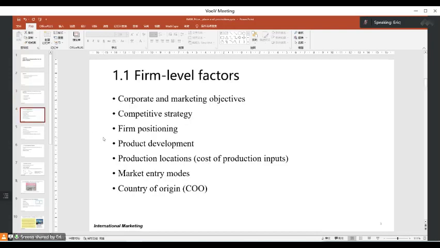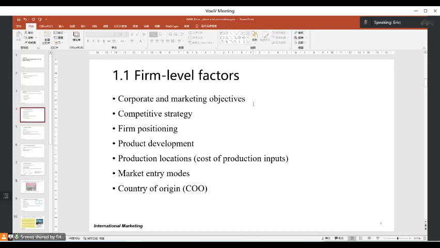So if we want to set a proper price, we should consider this problem from the firm perspective, such as the objectives of the company and objectives of the marketing department. We should consider this because different functions and different objectives will determine the price decision.